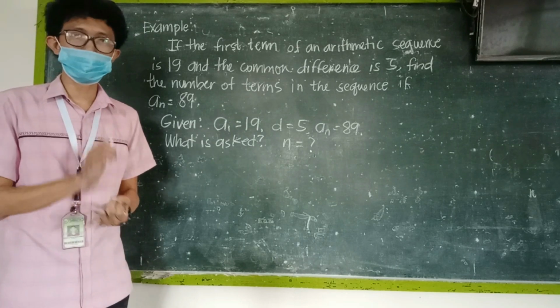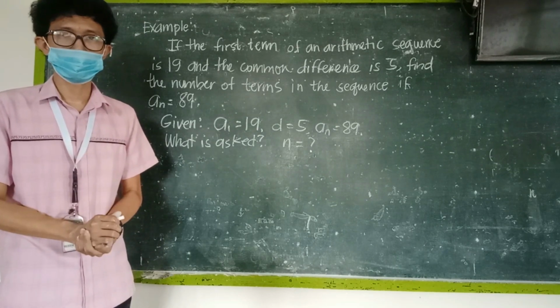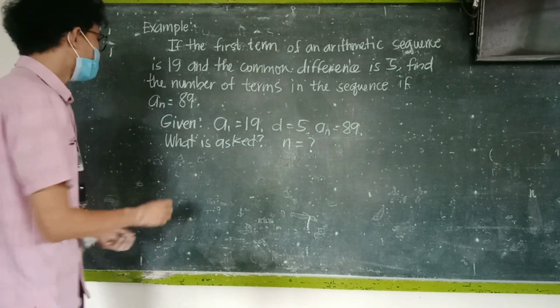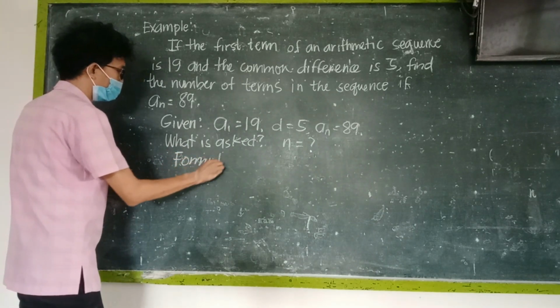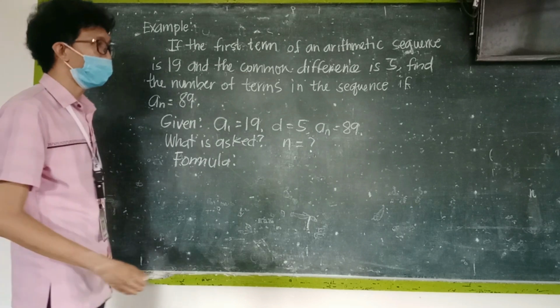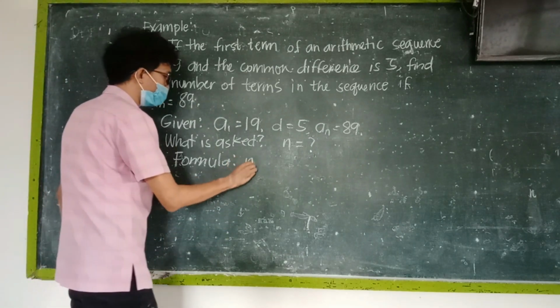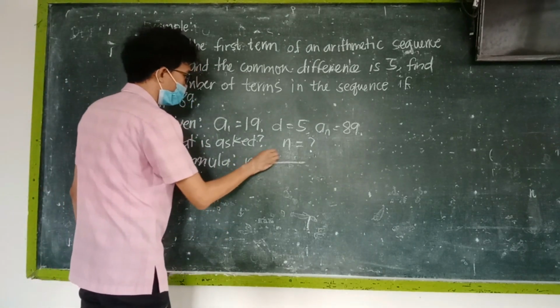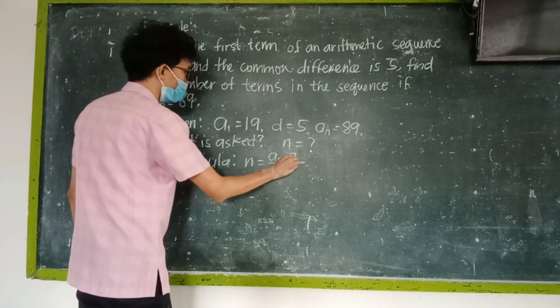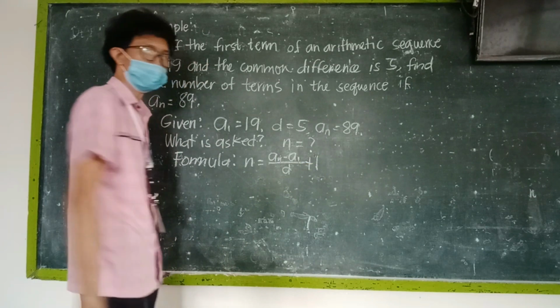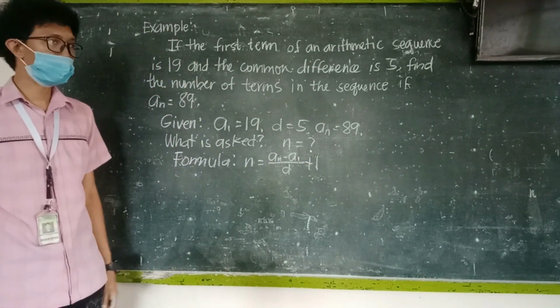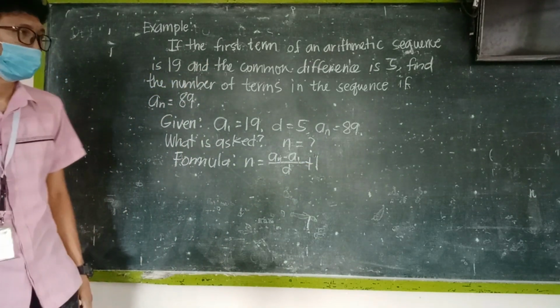Yung first, yung second, o yung third? Tama. Ang ating gagamitin doon ay ang second formula. In this case, we have n is equal to a sub n minus a sub 1 all over D plus 1. So, yun ang gagamitin natin na formula.